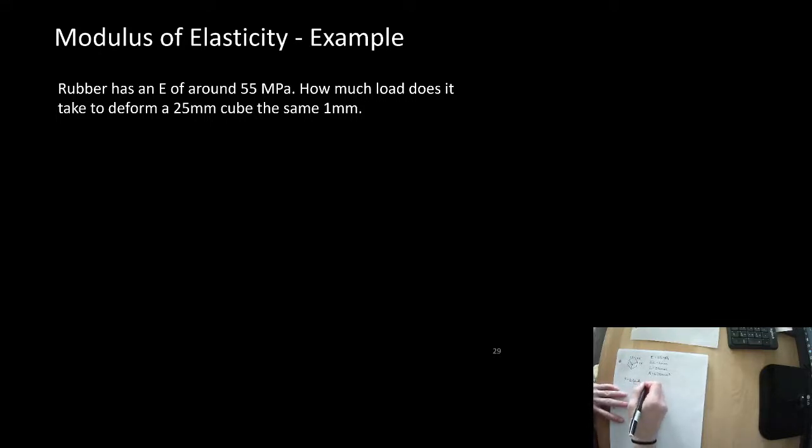So P is 55 MPa, so not 200,000 MPa, but 55 MPa times 1 millimeter times 625 divided by 25.